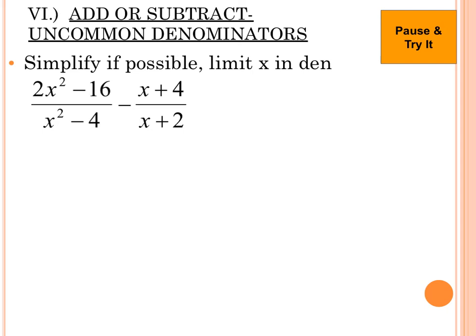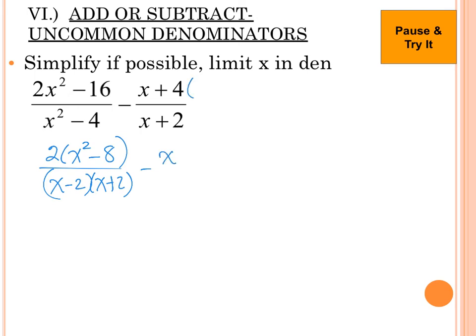I'm going to factor the first, take out a 2, leaves behind x squared minus 8. X minus 2, x plus 2. And then we have x.